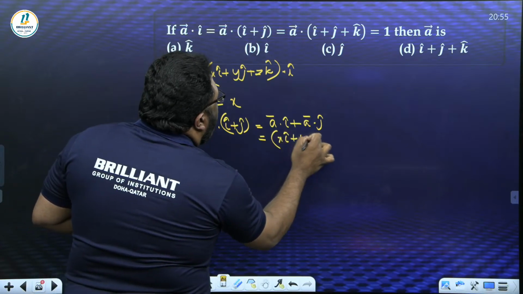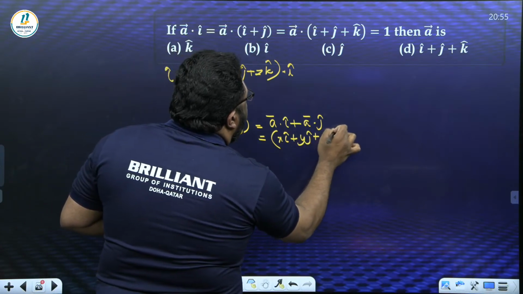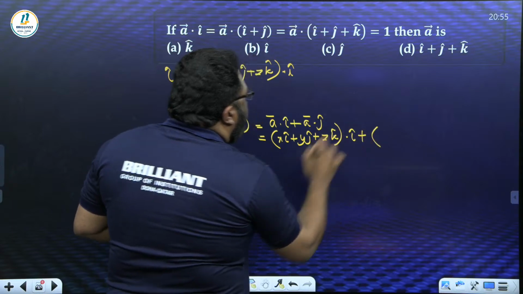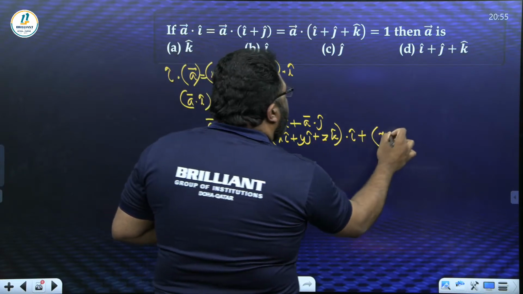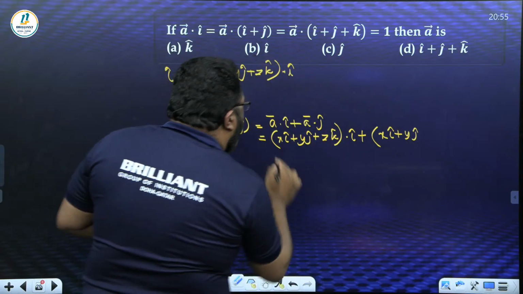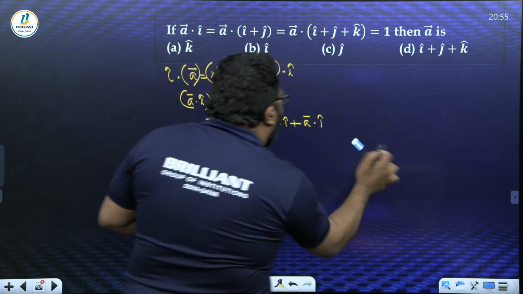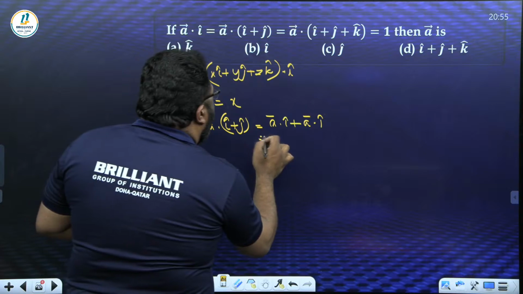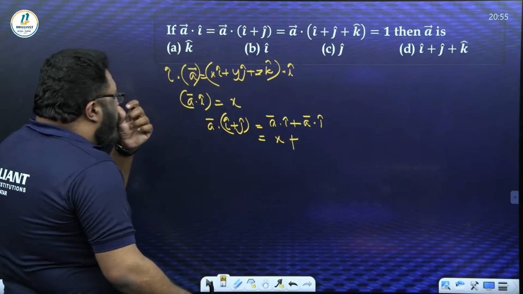xi plus yj plus zk dot i. This you need not do because we already did that: A dot i, we already got the answer as x. Now how to do A dot j?